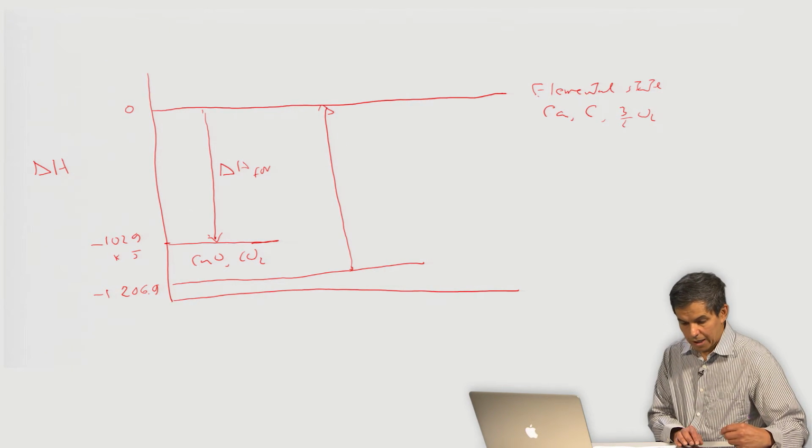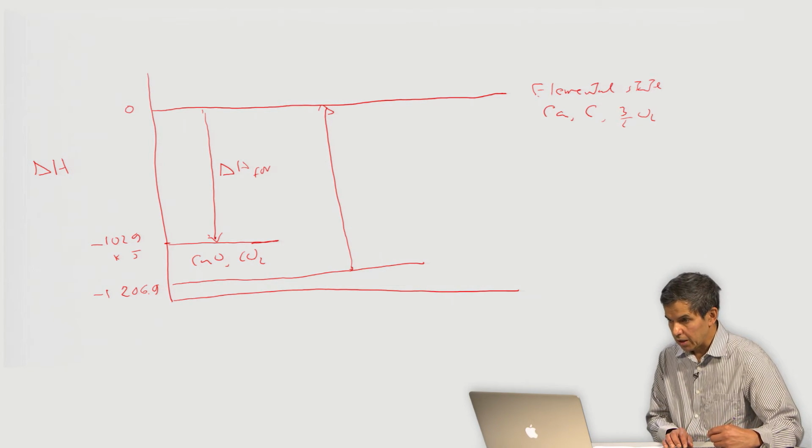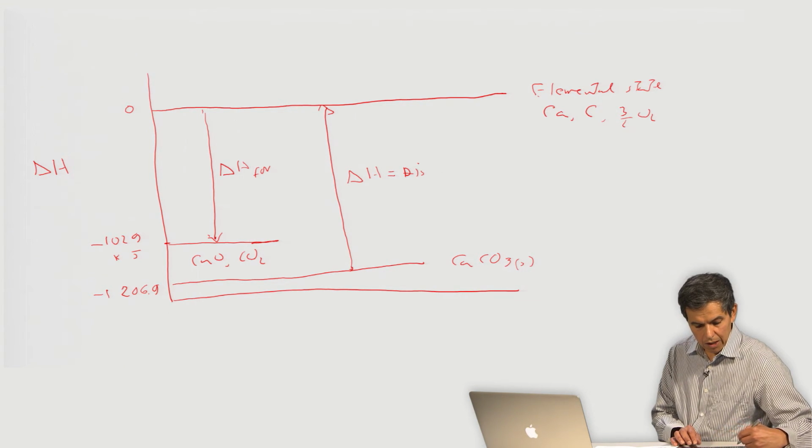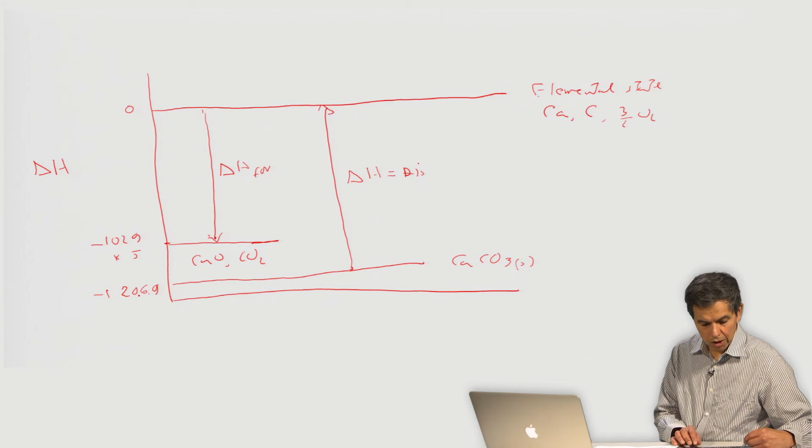The delta H of dissociation also will correspond to the compound that we initially have here, which is CaCO3 in the solid phase. And this value will correspond to the energy going from minus 1206.9 to 0.